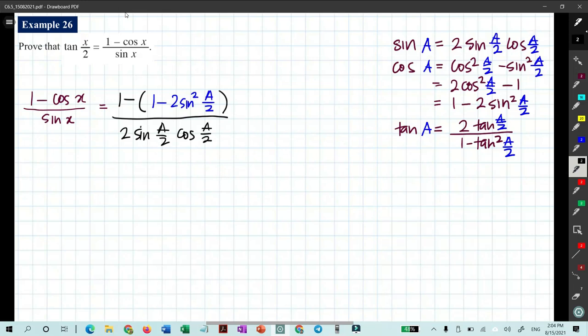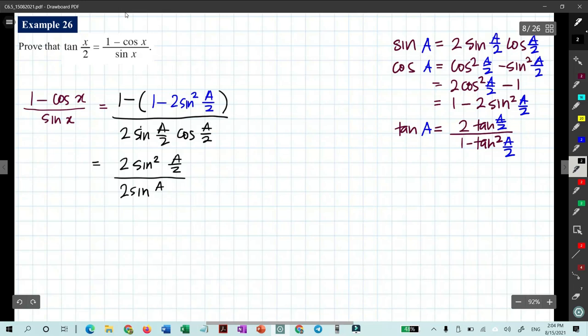And let's simplify this. We will get 1 minus 1 will be eliminated, and then minus and negative will become positive. So you'll get 2 sine square a over 2 over 2 sine a over 2 cos a over 2.